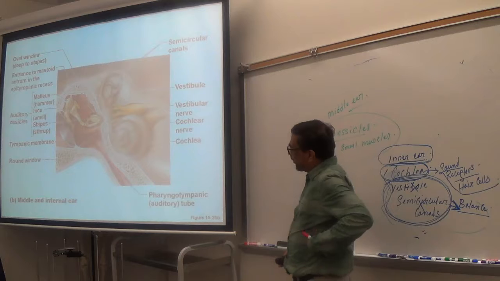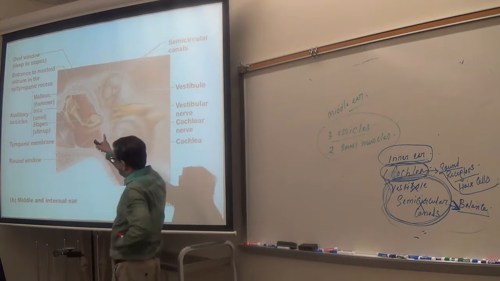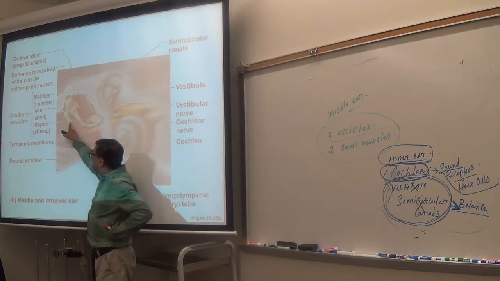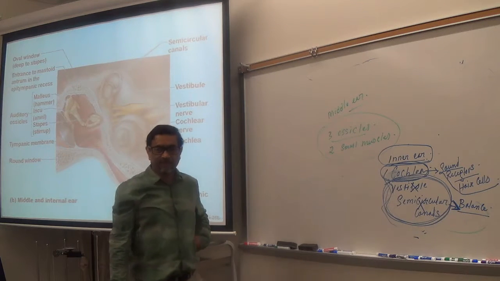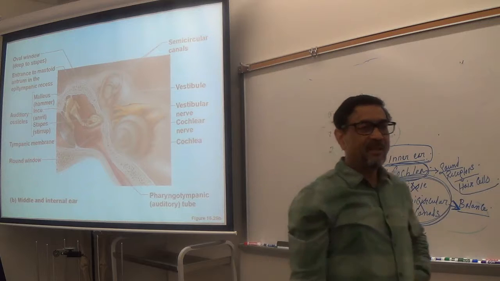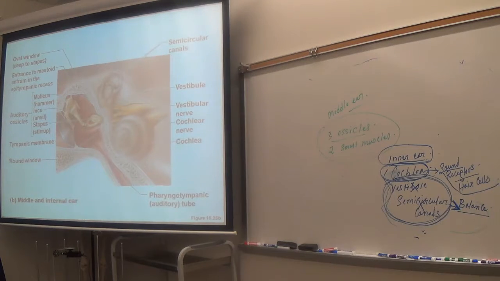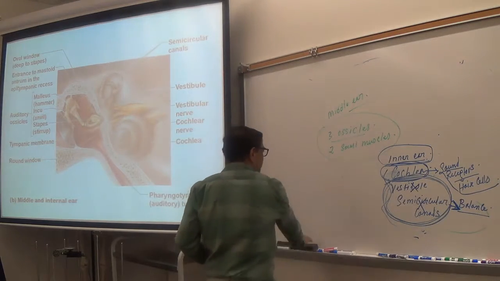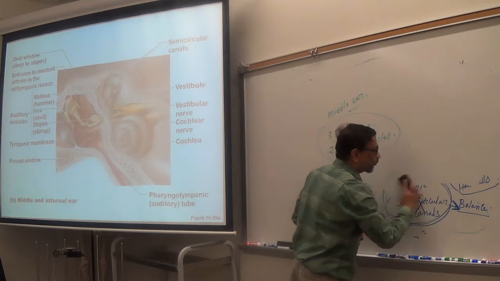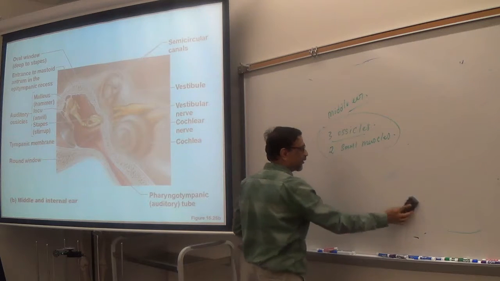So let's see those three ossicles. Three ossicles are malleus, incus, and stapes. First one is the malleus, middle one is the incus, and innermost one is the stapes. So those are three ossicles.